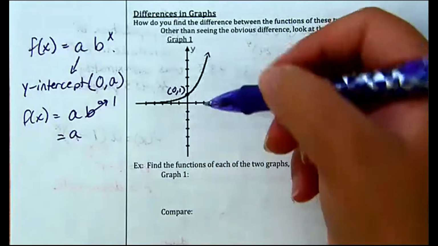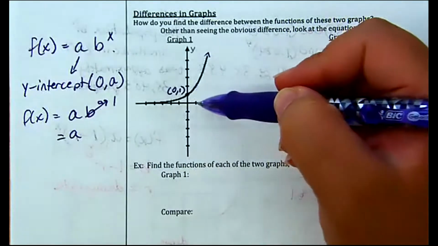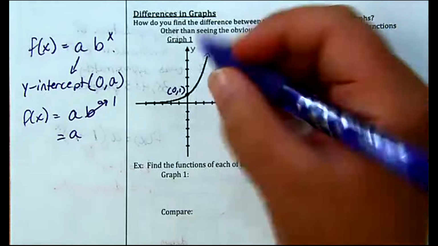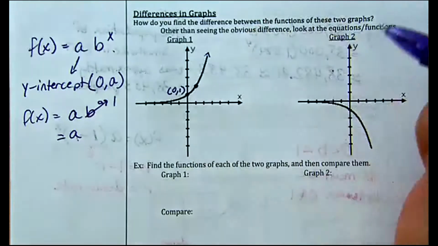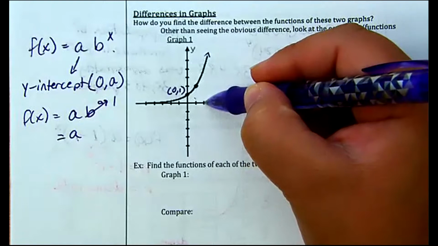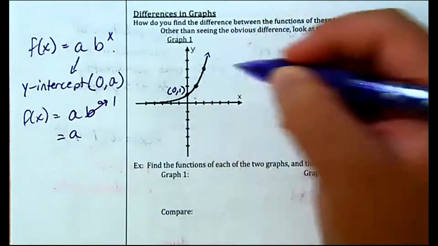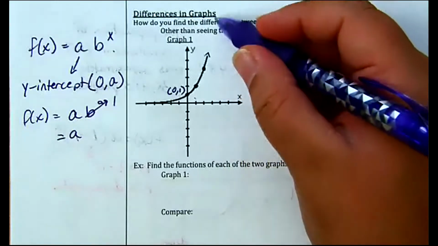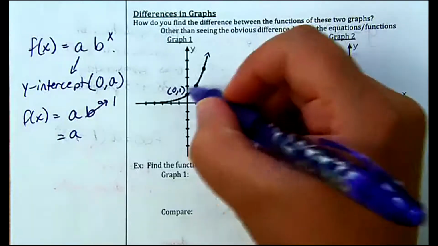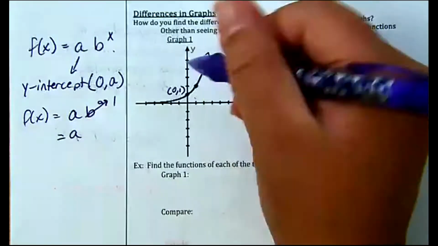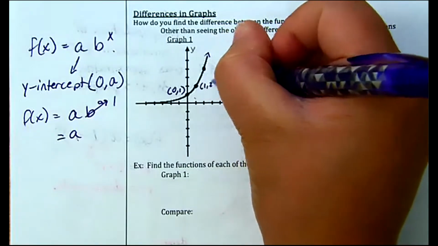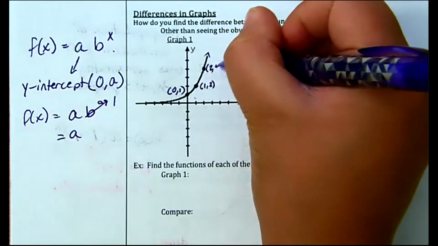And then if I take a look at my graph here, I can see maybe at 1, I hit a 2, and at 2, I'm over here. At 3, it's off the chart, so I'm not going to go there. So my points are 0, 1, 1 comma 2, 2 comma 4.